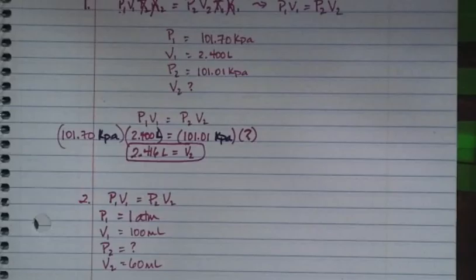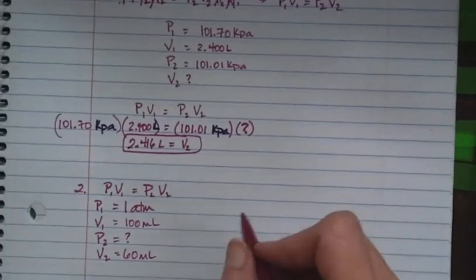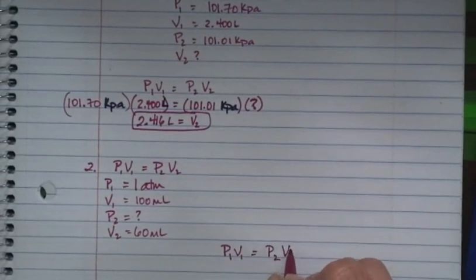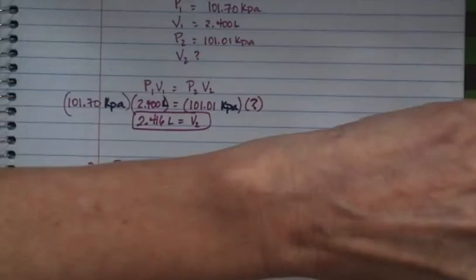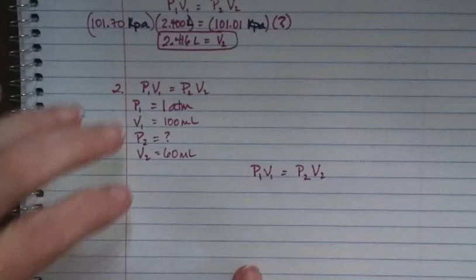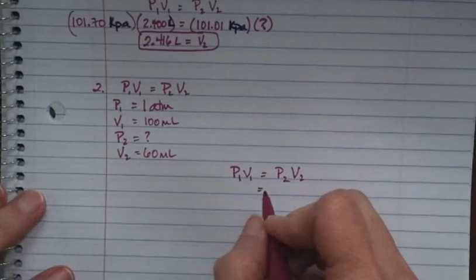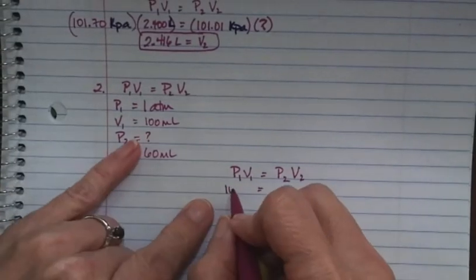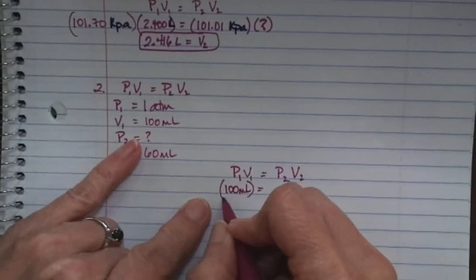Now I like to write it out. I'm going to go over to the middle of my paper, and that gives me plenty of space. Don't be afraid to write it down. It's not going to take you an eternity of time to write this out. My volume 1 was 100 mils. My pressure 1 is 1 atmosphere.